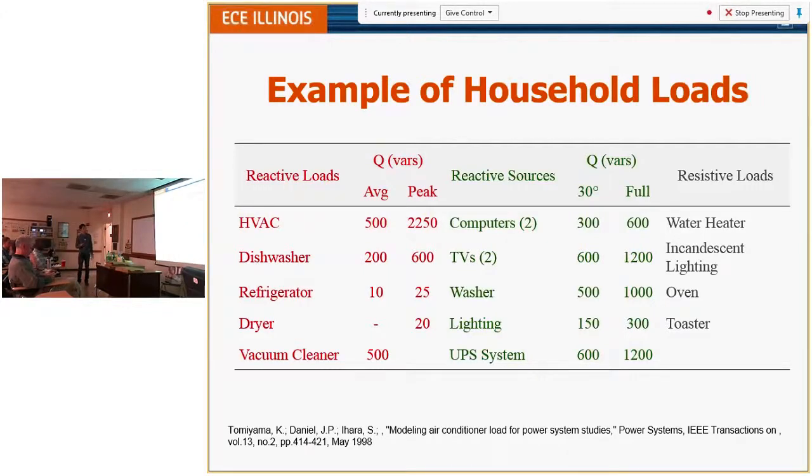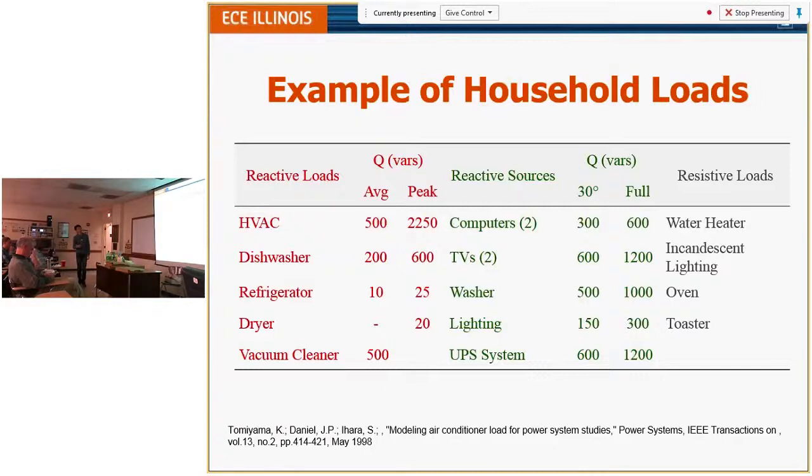Next, I want to show you an example of household loads. As you can see at your home, most of the reactive loads are your heating and air conditioning, dishwasher, refrigerator, dryer, and vacuum cleaner. Usually those reactive loads are motor loads. The biggest one is the heating and air conditioning, which can go from 500 to 2,250 VAR.